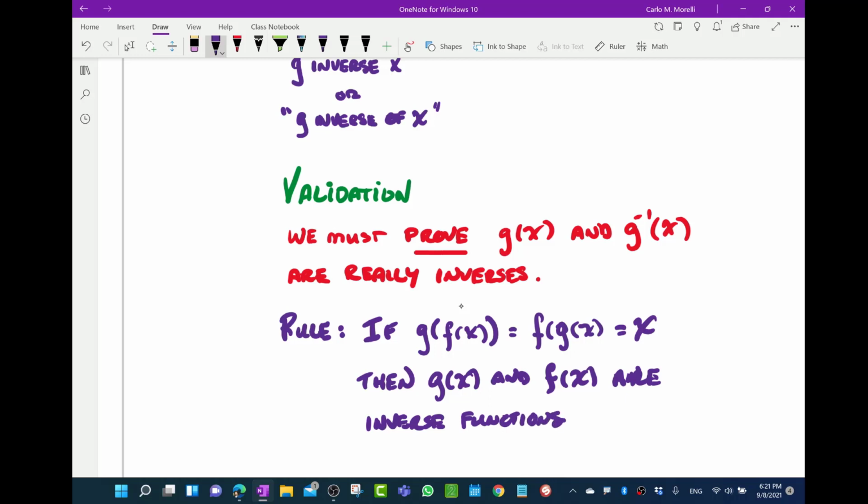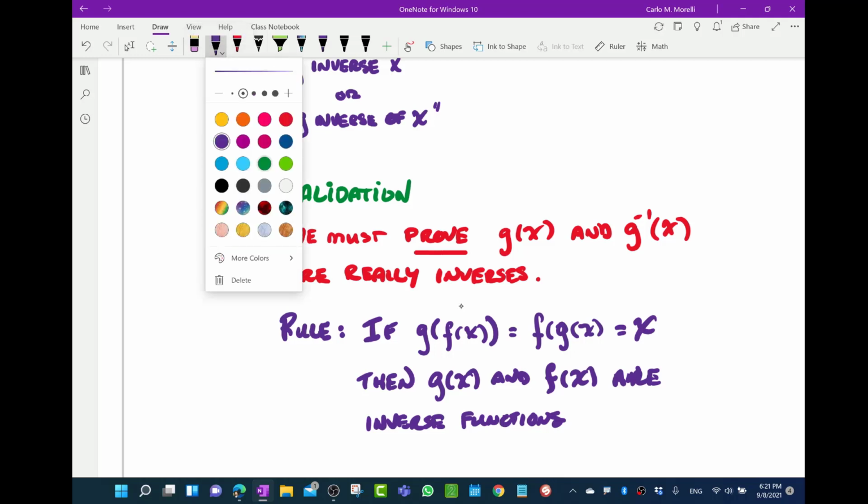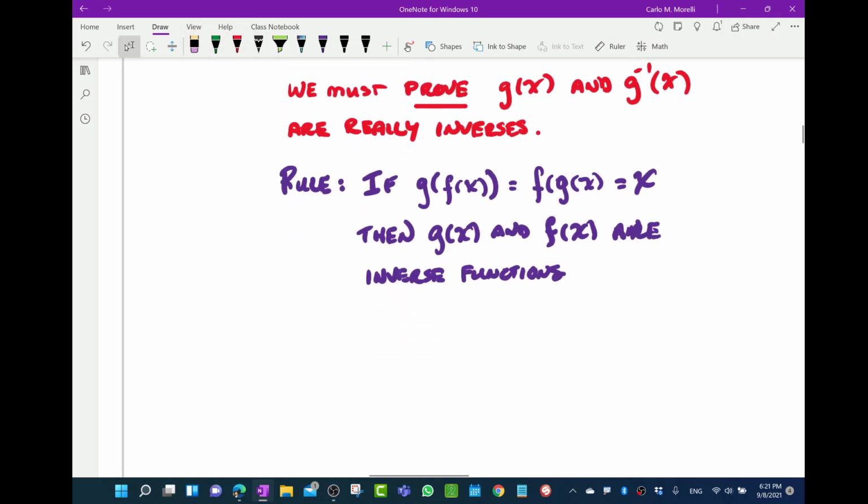Okay. So I hear some people saying, where did f of x come from? This whole equation is about g of x. F was nowhere to be found. You're right. So we're going to begin the process of validation now. And the very first step is to assign f of x to g inverse of x.